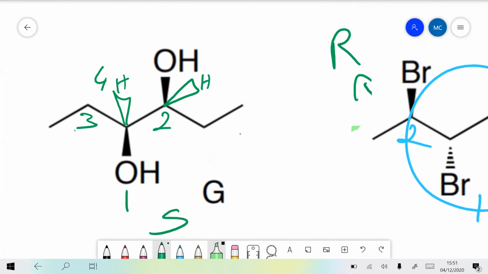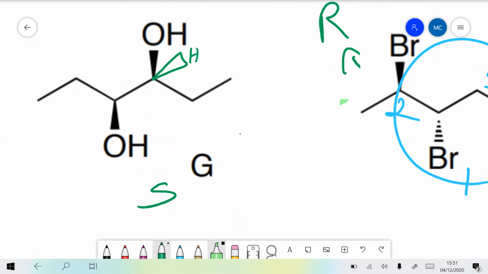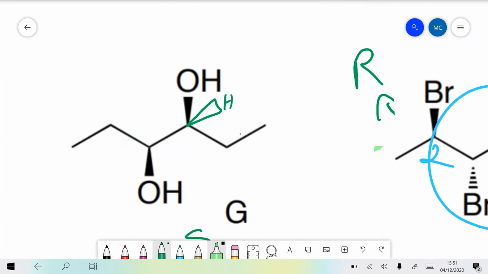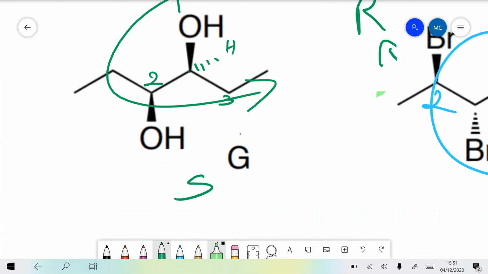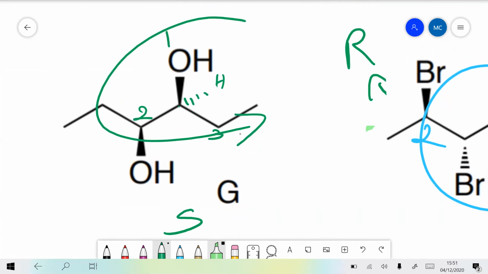The other one, we're gonna do the same thing. One, two, three. It's R. It's still anti-clockwise, eh? Yes.